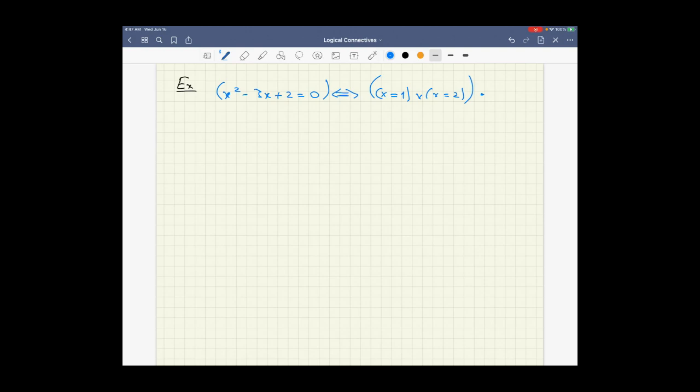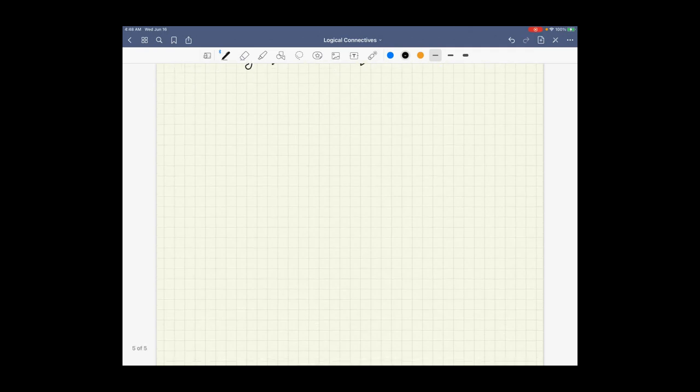Now, a much more involved example. Logic behind solving equations and inequalities with radicals. We will have 5 types.